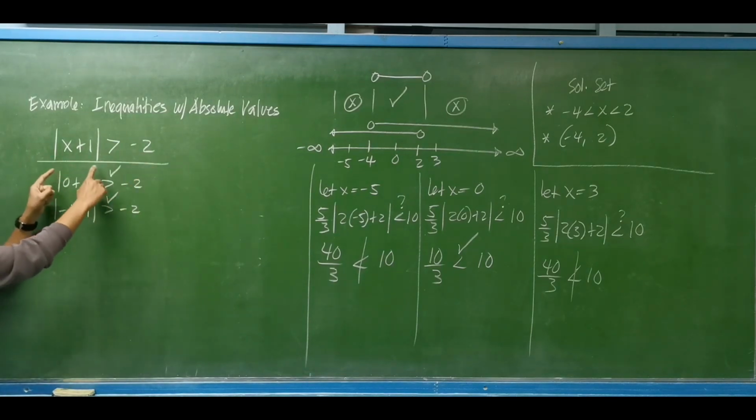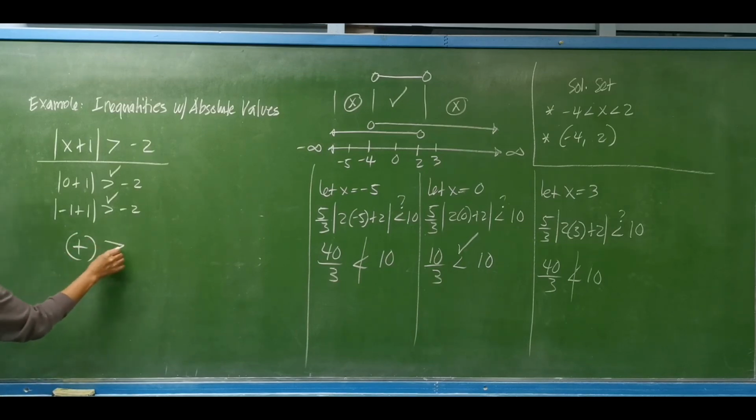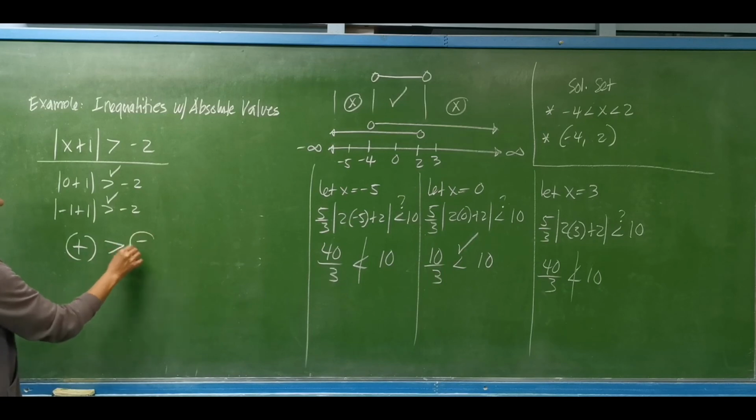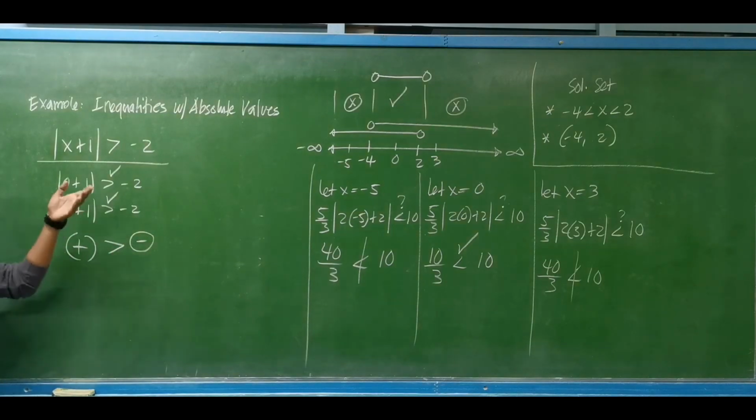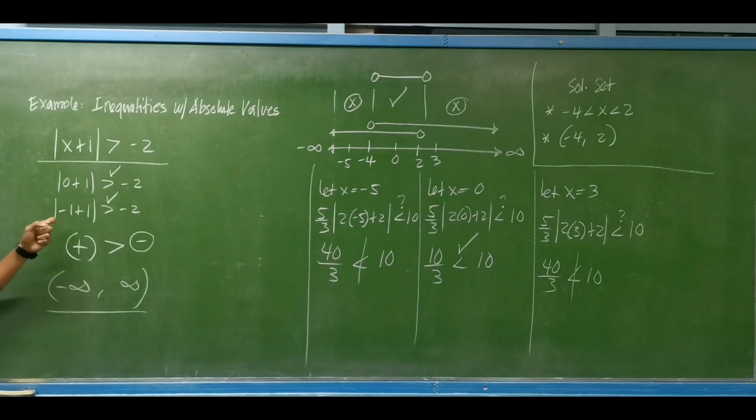Take note that the absolute value will always give us a positive value, or 0, which is always greater than a negative value. So for this case, what will be our solution set? Any value of x may do, that is from negative infinity to positive infinity. So absolute value, or a positive value, is always greater than a negative value.